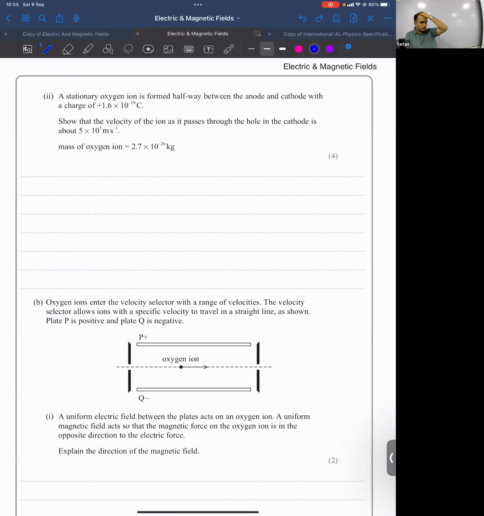A stationary oxygen ion is formed halfway between the anode and cathode. And the charge of the oxygen ion is given, 1.6 × 10^-19 coulomb.